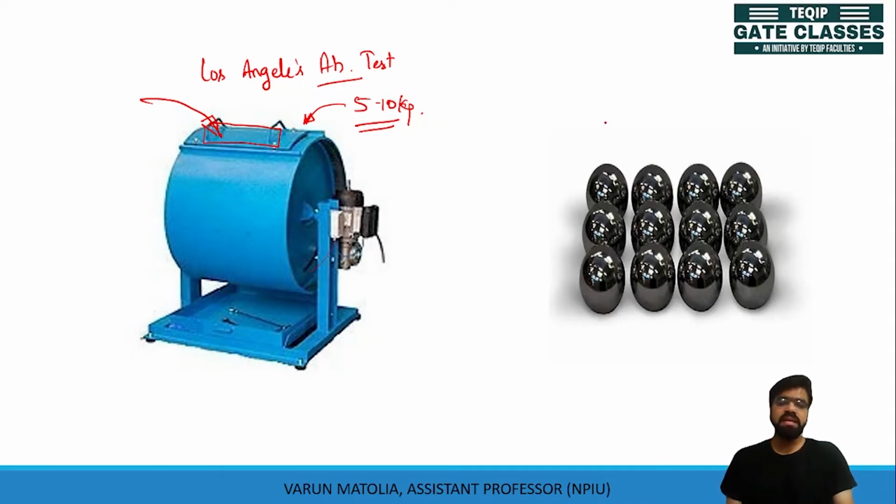Then these steel balls, known as charge, of around 300 to 400 grams are poured along with the aggregates into this roller. Then this cap is clamped with the help of bolts and revolutions are allowed.